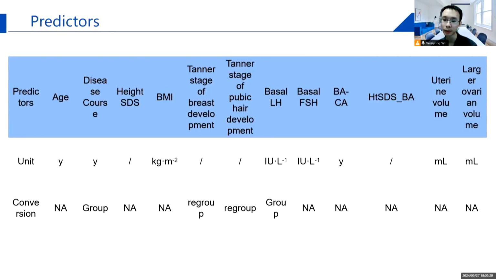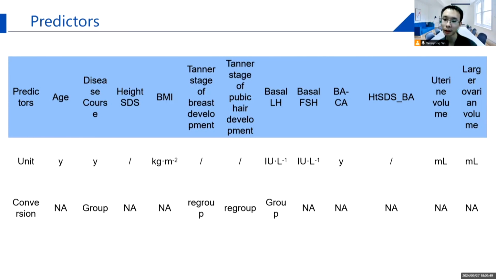In the first step, a total of 12 independent predictors were initially included, including age, disease cause, height SDS, BMI, current stage of breast development, current stage of pubic hair development, basal LH, basal FSH, bone age minus age, height SDS for bone age, uterine volume, and larger ovarian volume.